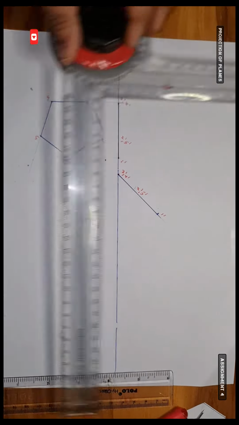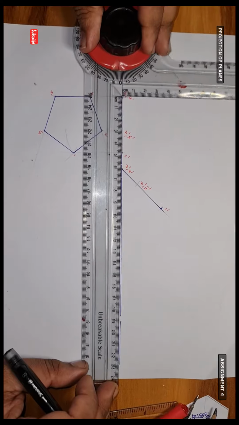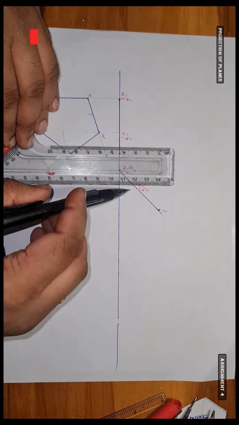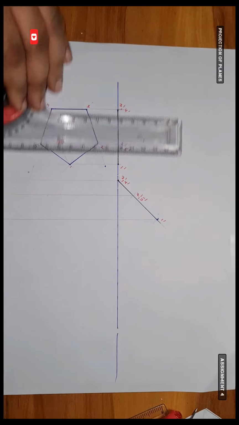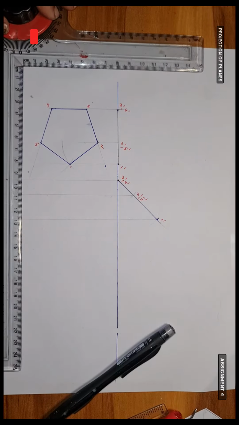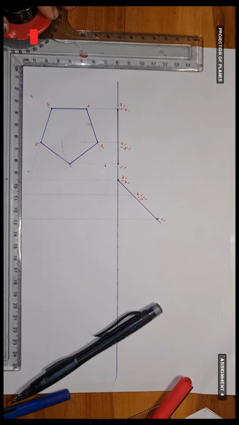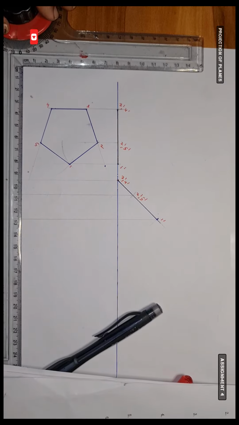Now you draw the points to the bottom side. One thing we had done wrong over here. We had marked 2 at the wrong position.